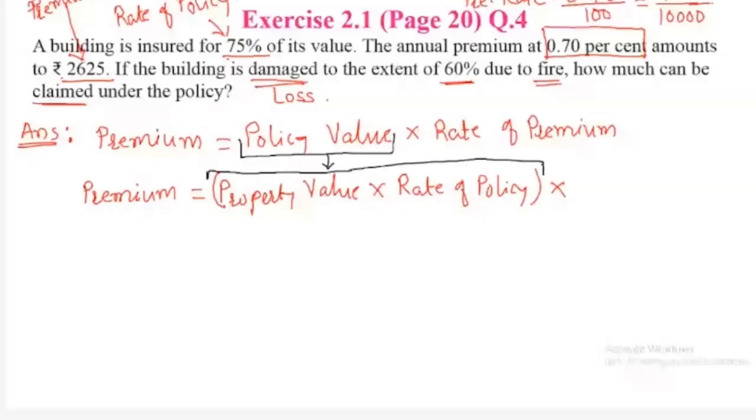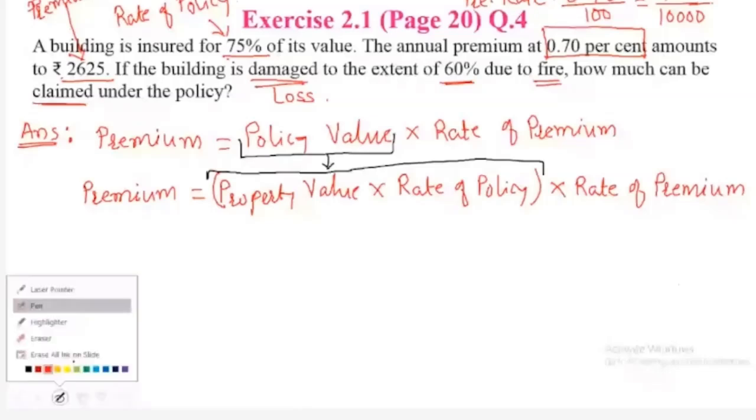Correct? This is policy value. Whatever I'm writing with black color, you don't have to write in exam. What next? Into rate of premium.